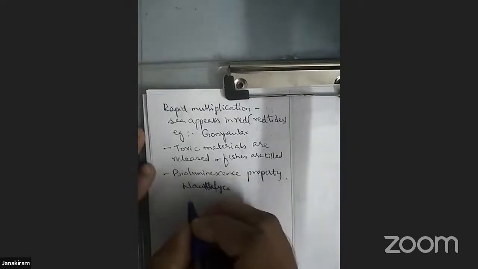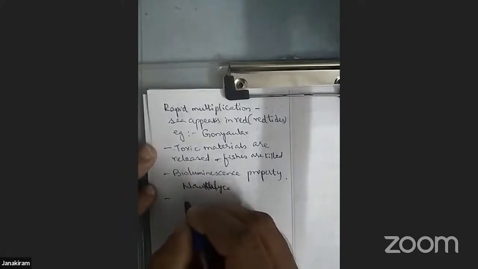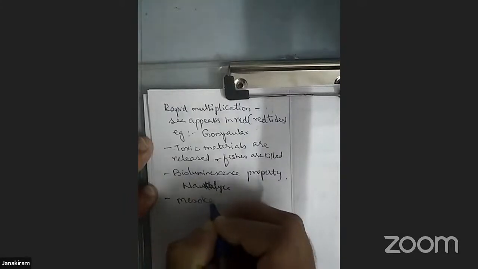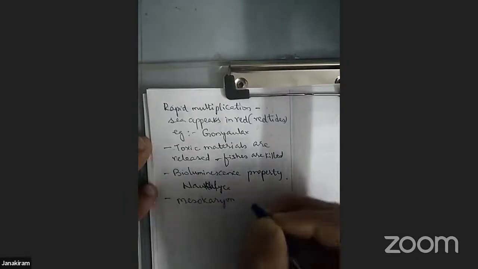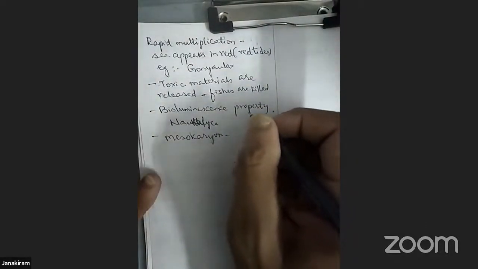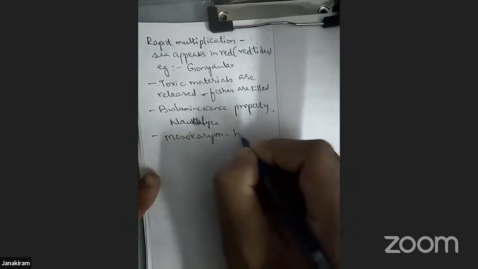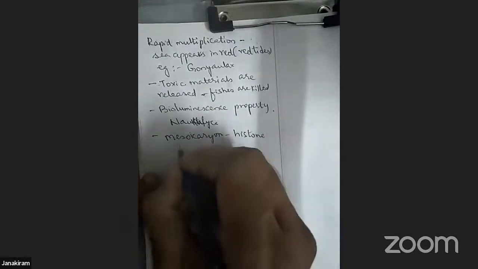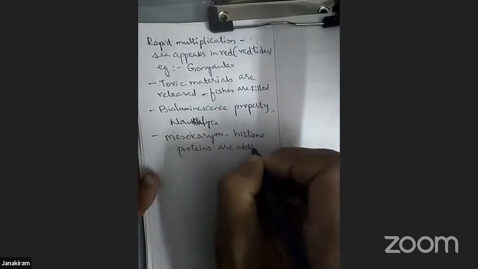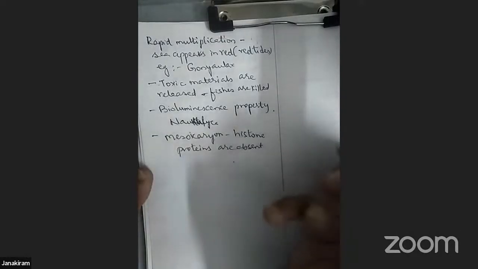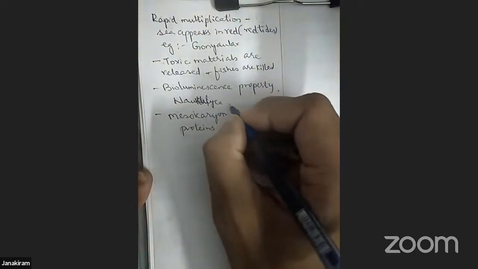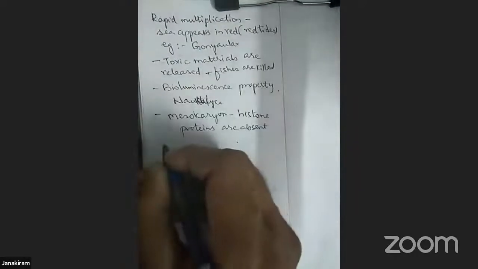Noctiluca is the one which shows this type of bioluminescence. Then, apart from this, they show one more important property, that is mesokaryon. Mesokaryon is where histone proteins are absent. So these are some of the important properties exhibited by the dinoflagellates.